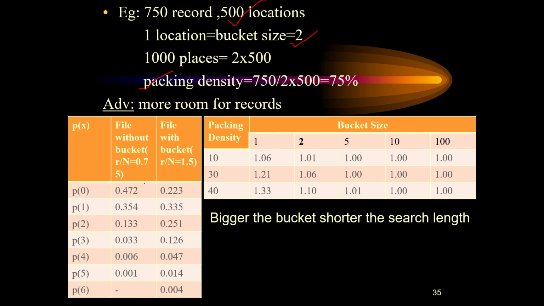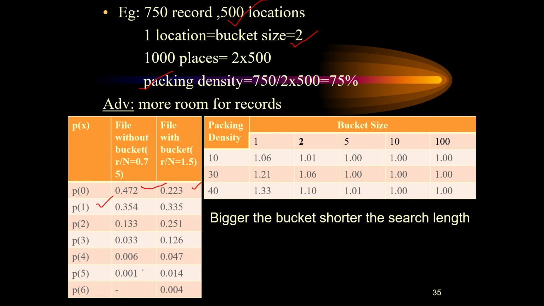The probability without a bucket is 47.2 and with a bucket is 22.3. So you can see the efficiency is higher with buckets because that many more records have been held. Now in the case of P of 1, that is how many addresses are holding one record, without a bucket it is 0.35 and here it is 33. Here it is addresses with 2 records, in the sense the bucket holding 2 records. So it is 13 and here it is 0.25.